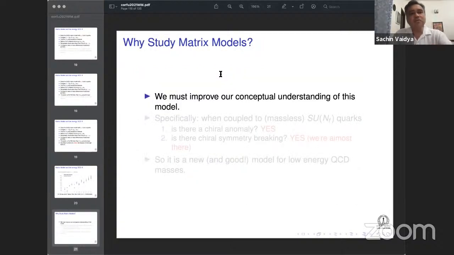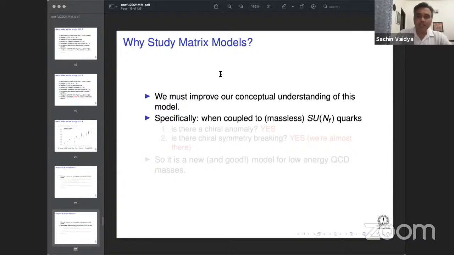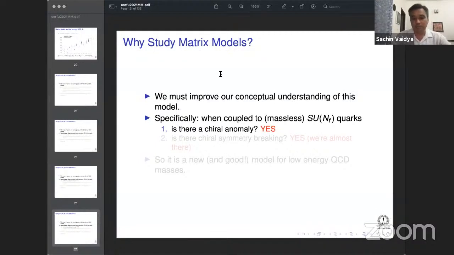So this brings us to the question, to my mind at least, of the importance of studying matrix models from the point of view that I presented. And in particular, it behooves us to try to improve our conceptual understanding of this model. Specifically, when coupled to massless quarks, N_F flavors, you can ask, is there a chiral anomaly? And we have just answered the question in the affirmative.